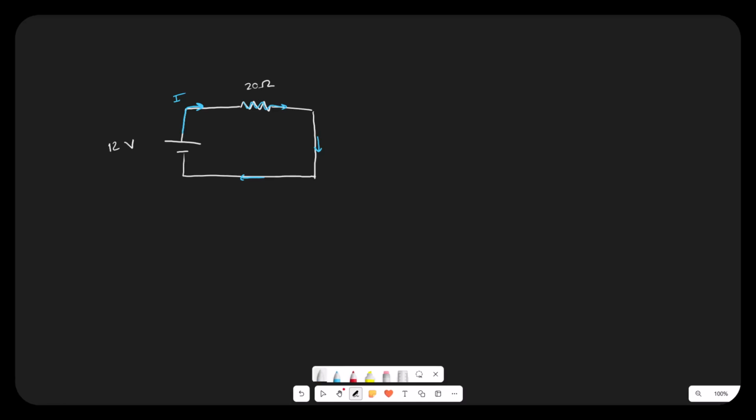There is a relation between how much voltage drops across that resistor and the current, and it looks like this. We call this Ohm's law, and it says that the potential difference across a circuit element, specifically a resistor, is equal to the current running through it times the resistance.